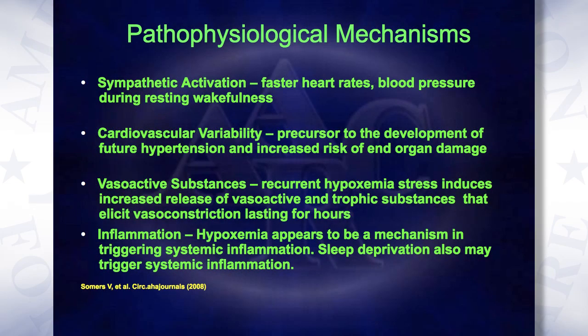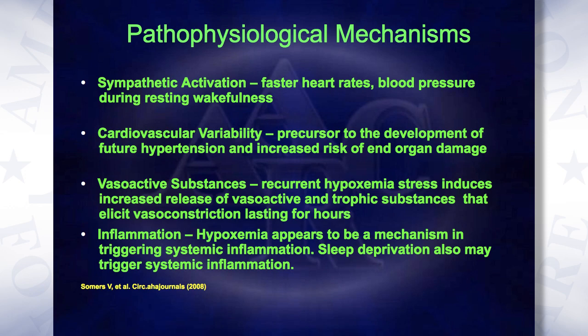We see vasoactive substances, that recurrent hypoxemia stress really induces increased release of those vasoactive or trophic substances that cause the vasoconstriction to occur, and that can last over hours. So if you're repeatedly doing that during the night, these things are going on in the rest of your body. That triggers an inflammation.